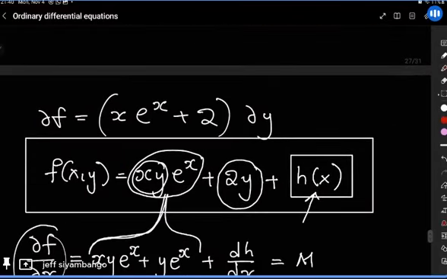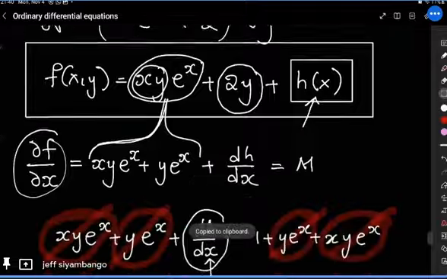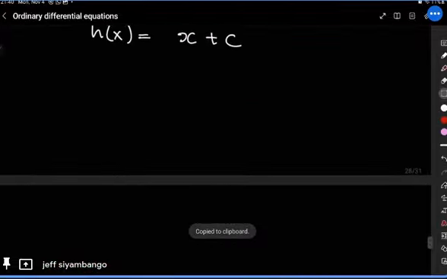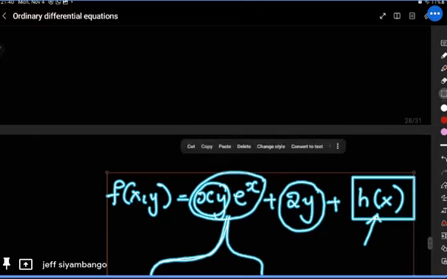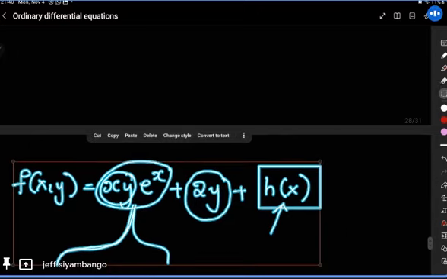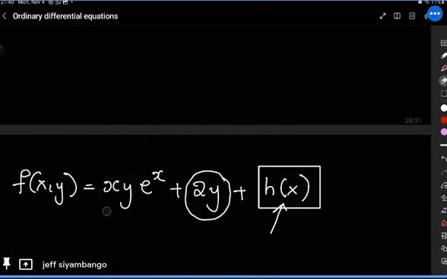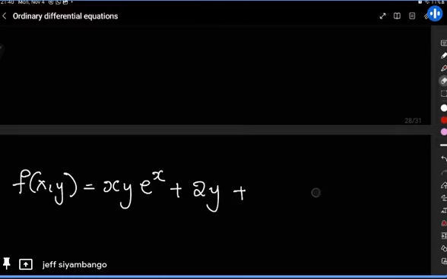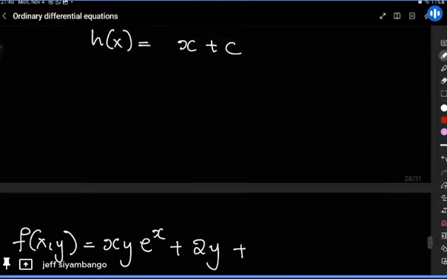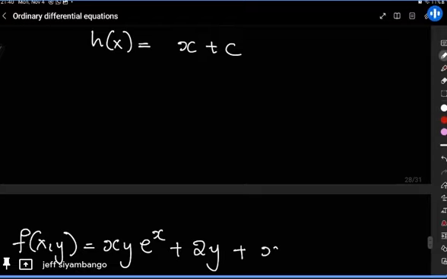So we can now get our rough solution that we had. But since we now understand what h is, where there's h, we can put that solution. H is x plus c.